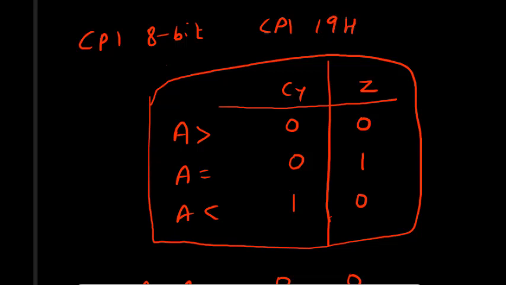This instruction compares the contents of register A with data 19H. It may happen that the data inside A is greater than 19H, or equal to 19H, or less than 19H. With respect to that, these flags are set or reset. So these are the compare instructions.